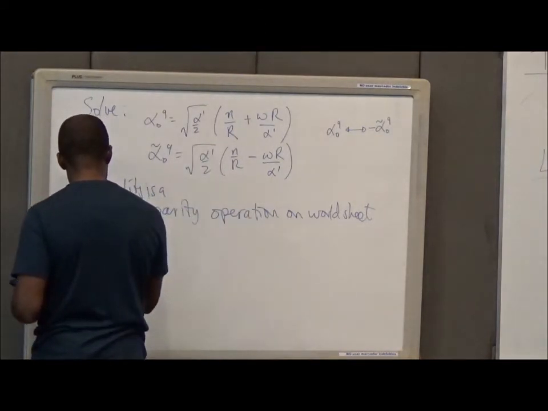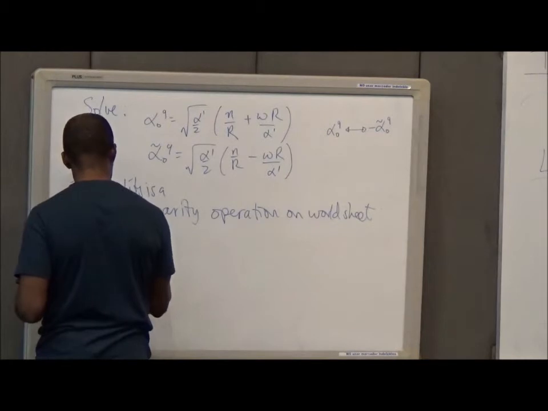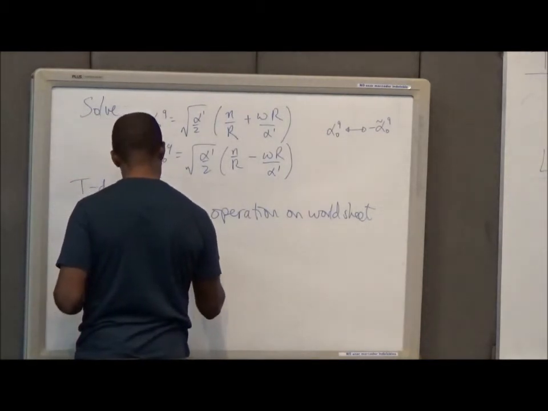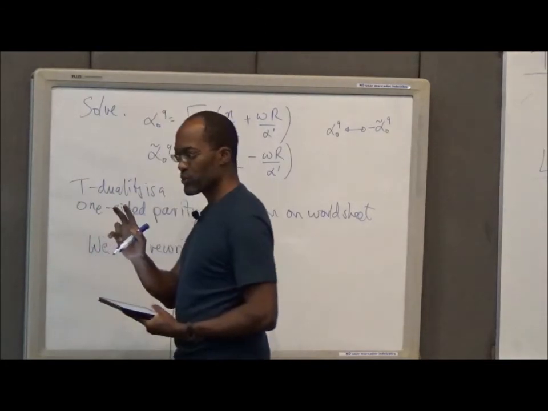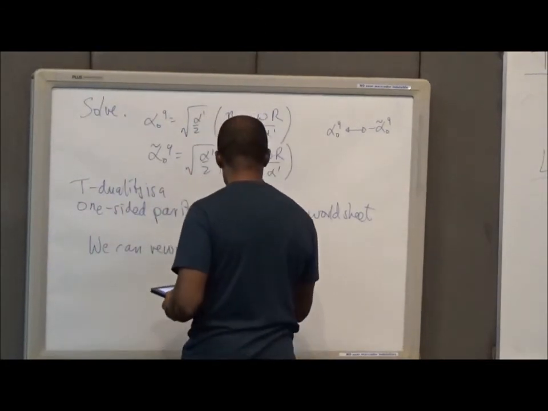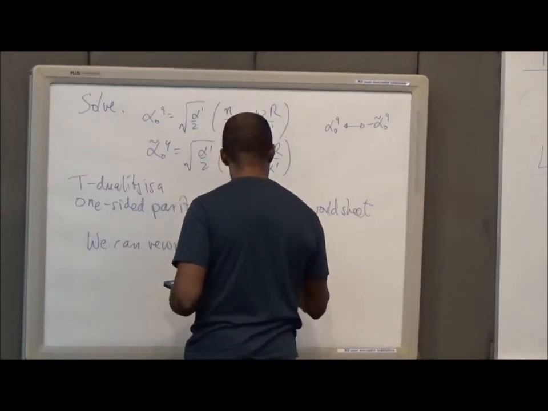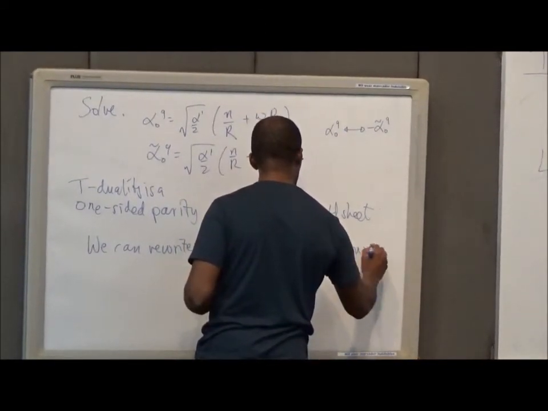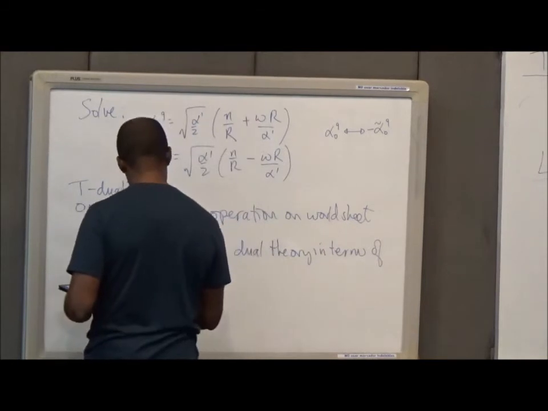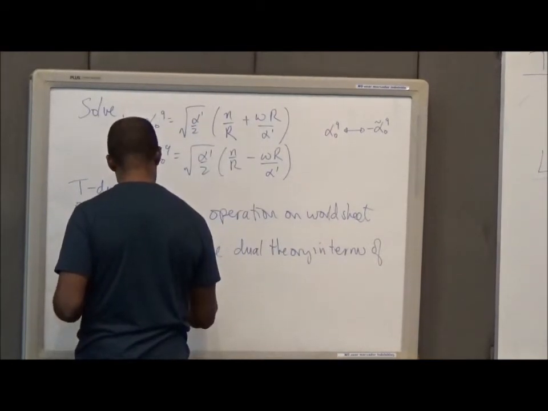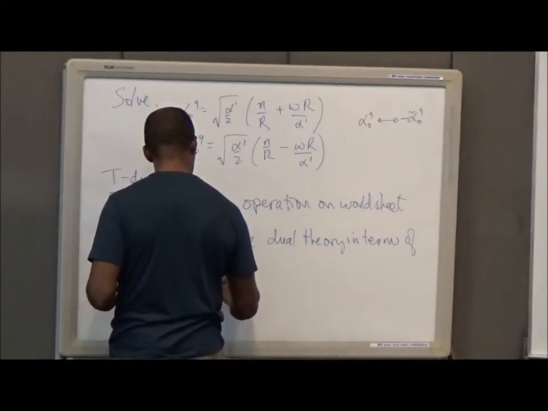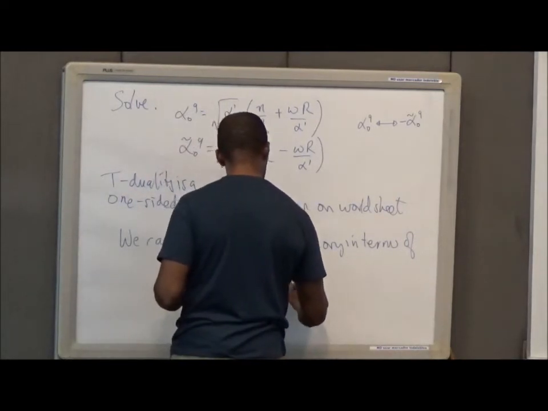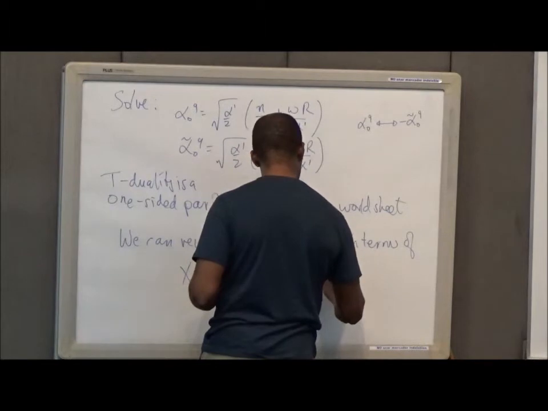We can rewrite the dual theory in terms of x primed 9 of z, z bar equals x9 of z minus x9 of z bar.